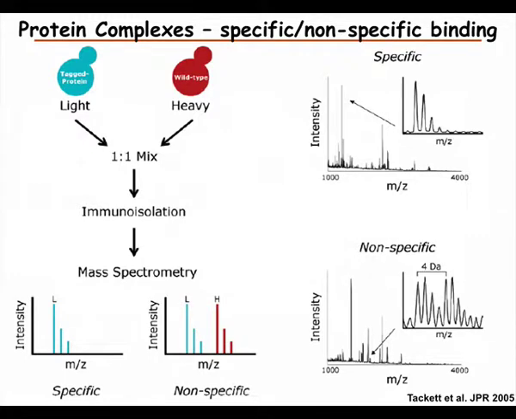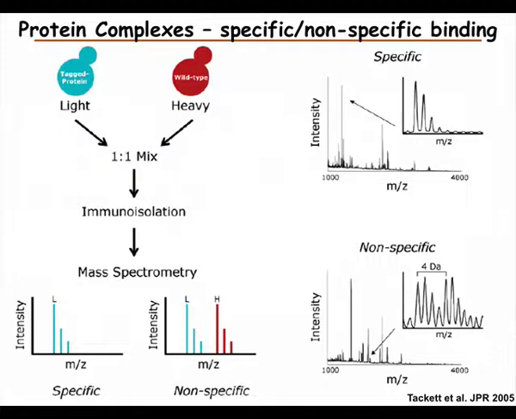So one way that you can do this that we've mentioned before is you can also experimentally try to distinguish the specific and non-specific. One way of doing it is to use heavy isotopes.